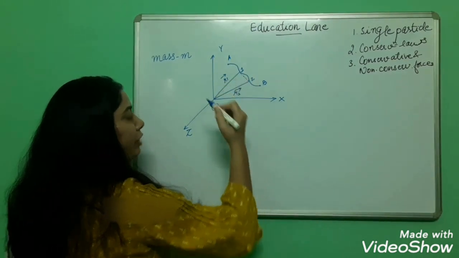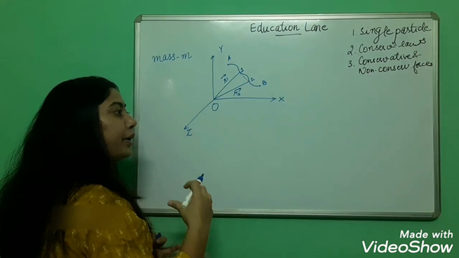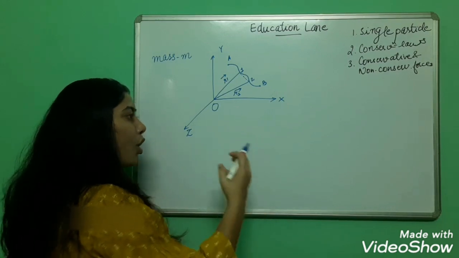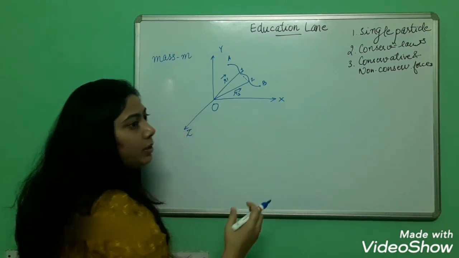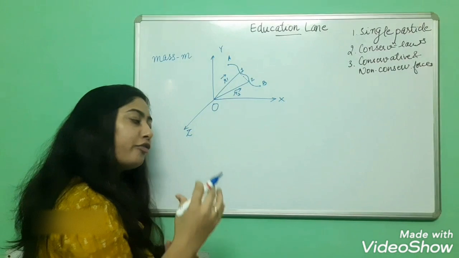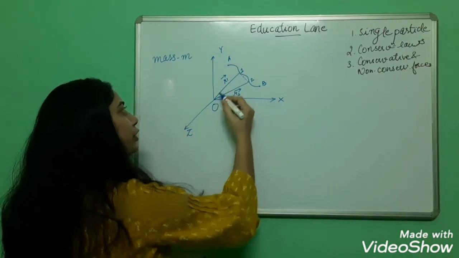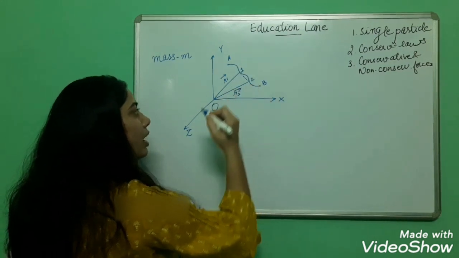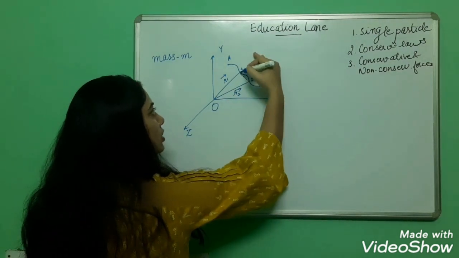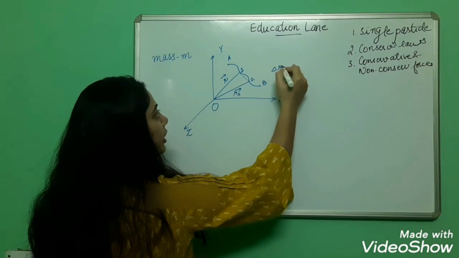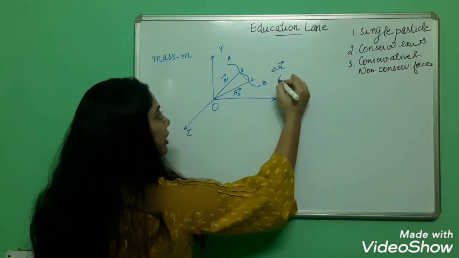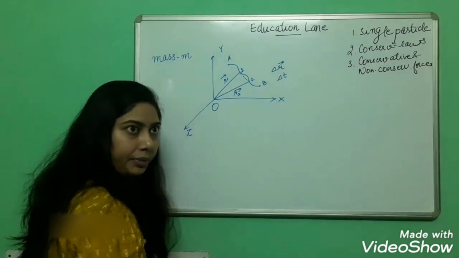A position vector means a vector drawn from the origin to that point where the particle of mass m is. So this is my first position vector to point 1, r1, and this is my r2. Now this small displacement will be del r, traveled in time del t.